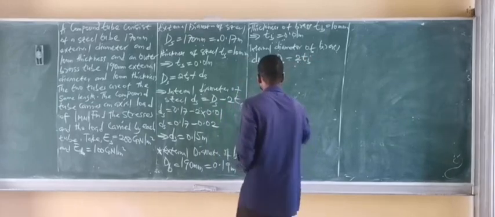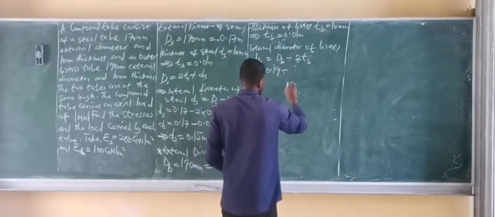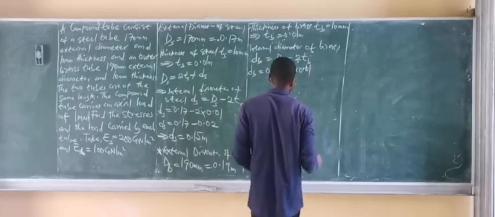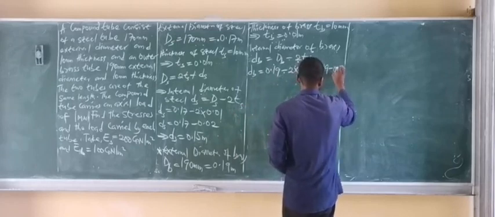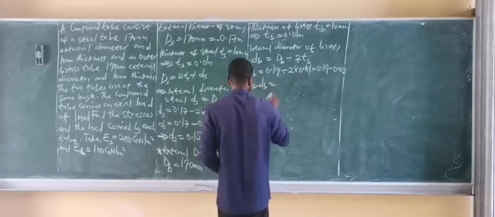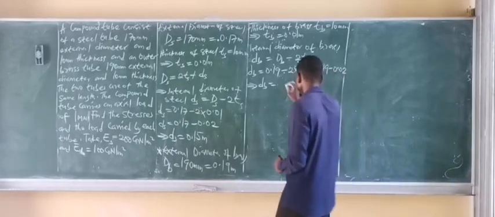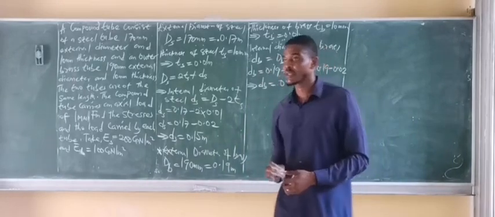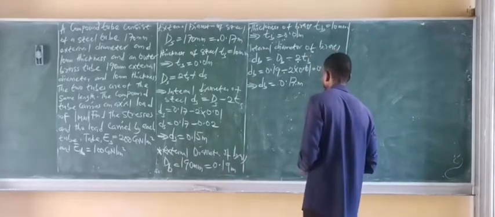So the internal diameter of brass is equal to 0.19 minus 2 times 0.01, that's 0.19 minus 0.02, which is 0.17. You guys are following me? Okay, so that gives the internal diameter of brass.